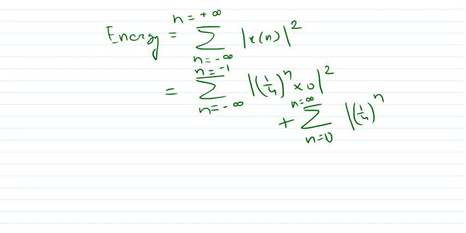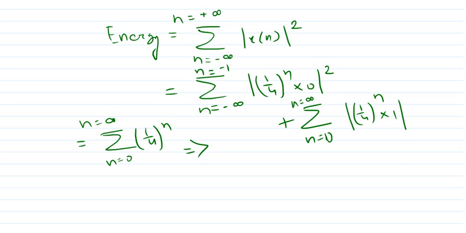It is 1 by 4 raised to the power n into 1, because u[n] is 1 for n greater than or equal to 0. So finally we are getting summation n equals 0 to infinity of 1 by 4 raised to the power n. We can apply the series; basically it is a GP.